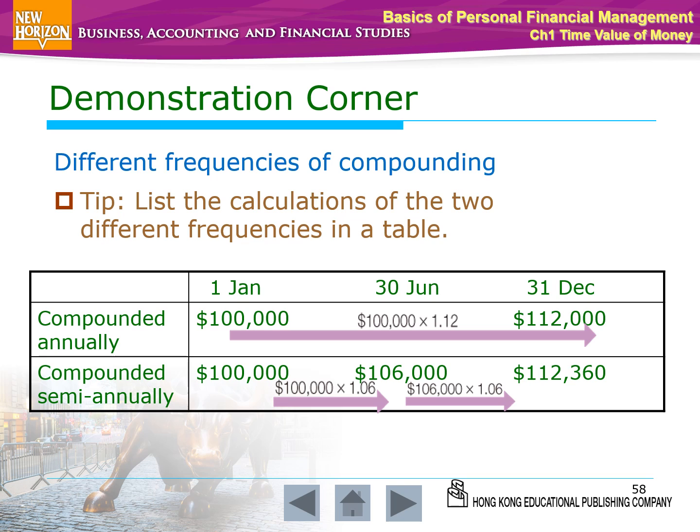Of course, because of the higher principal, the interest for the second half will be higher than the interest compounded annually. If the interest is compounded semi-annually, there will be $360 more interest than when compounded annually.